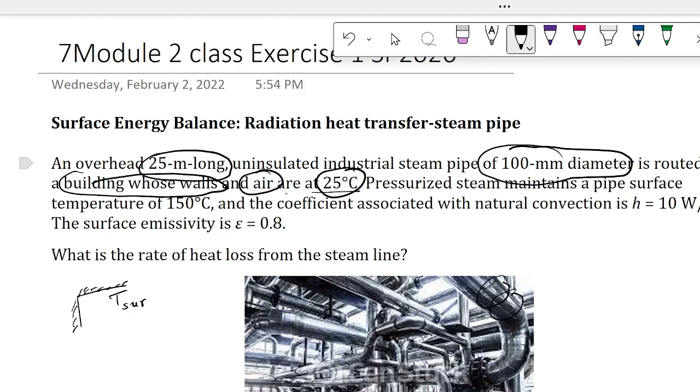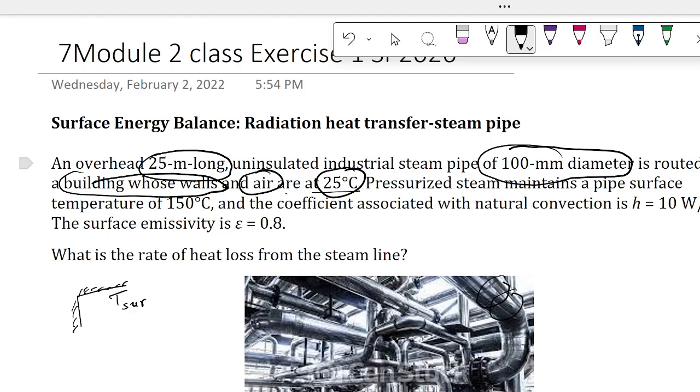Does everyone understand the question? Okay, so whenever you see epsilon in the question, what does it mean? Emissivity, definitely. That means you have radiation there. Anytime you see epsilon given in the question, even if it's not said directly, the question is asking you to deal with the radiation.